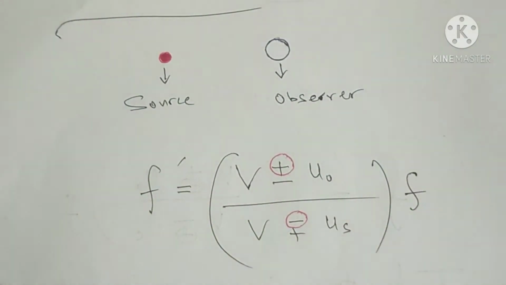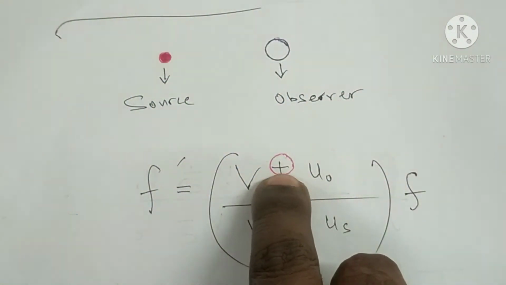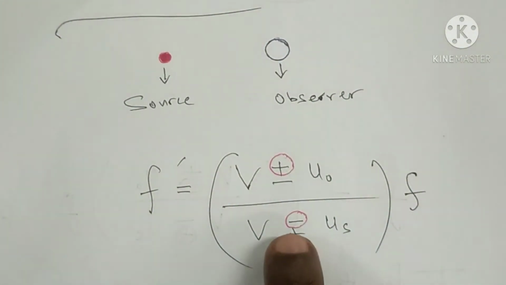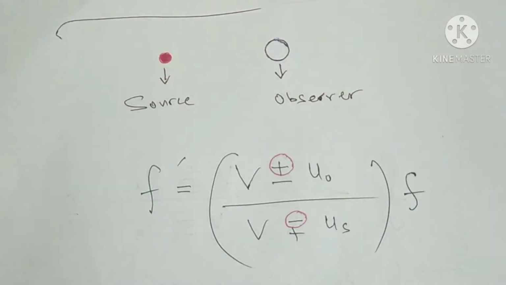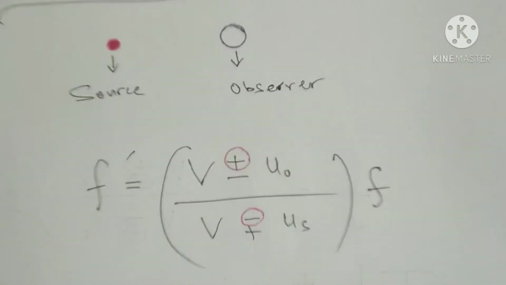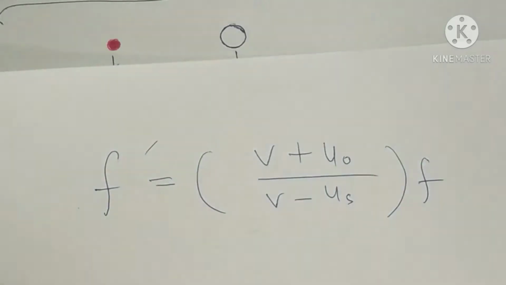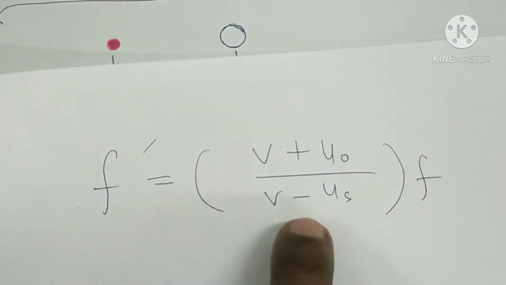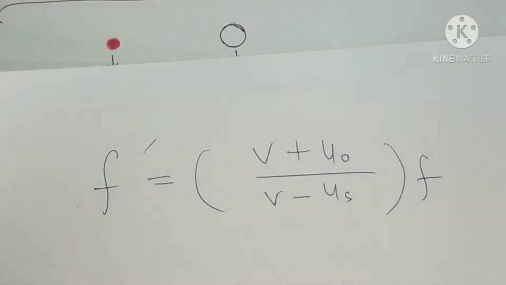When the source or observer approaches, it gives you a positive sign, and definitely the denominator will give you negative. We just follow the flow of this formula, and it gives you a new formula as this, where the numerator is positive and the denominator is negative.